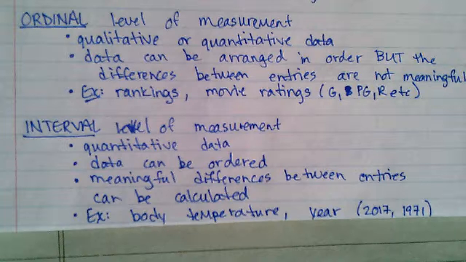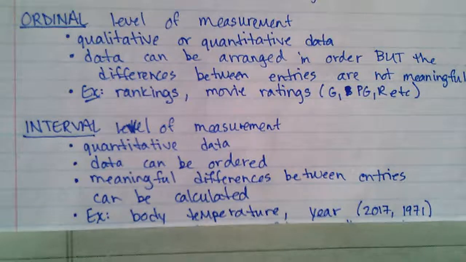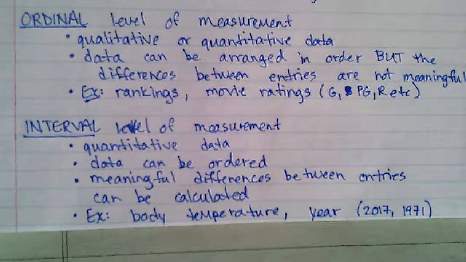Some examples are body temperature and year. So 2017 minus 1971 is 46, and so is 2046 minus 2000 is also 46, and that means there's a difference of 46 years, which I think we can all agree has some meaning.